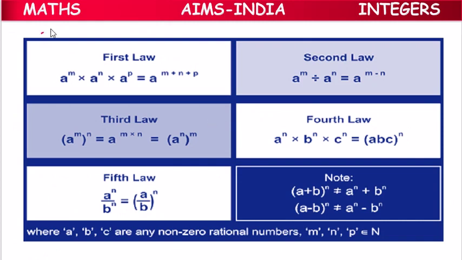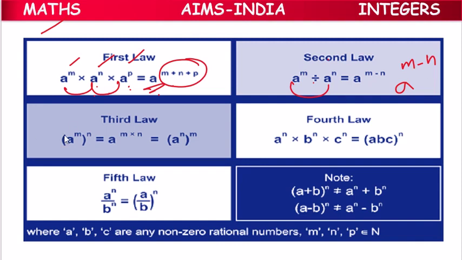So regarding the exponents of integers, we have some laws. First law: a^m into a^n into a^p, the bases are the same, we write the base once and add the powers. Second law: if the bases are the same and we have division, we write the base once and take the difference of the powers.